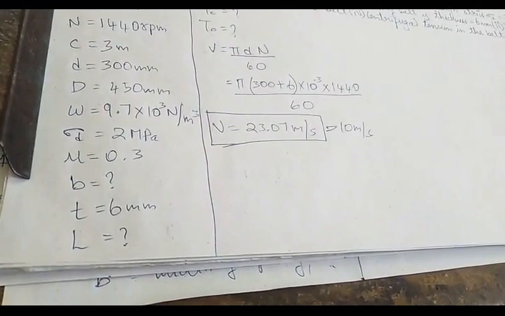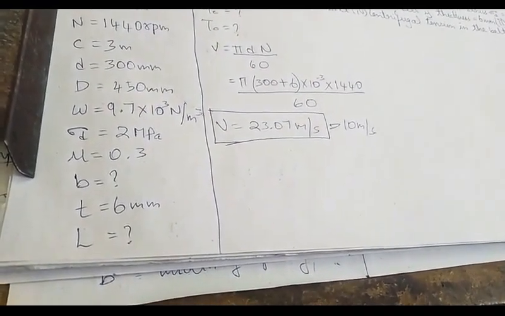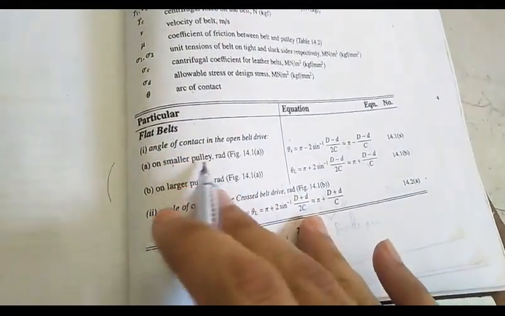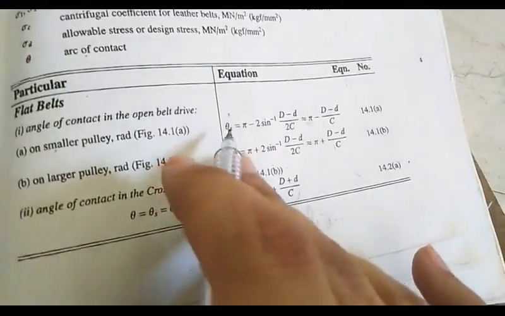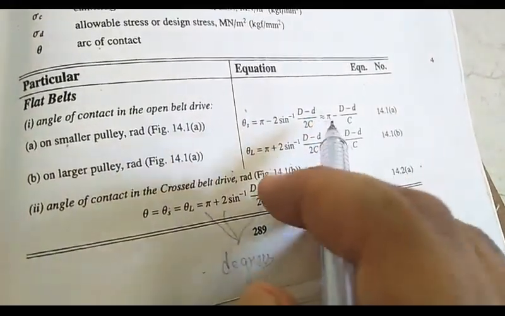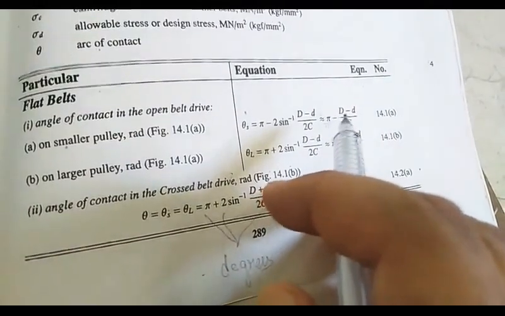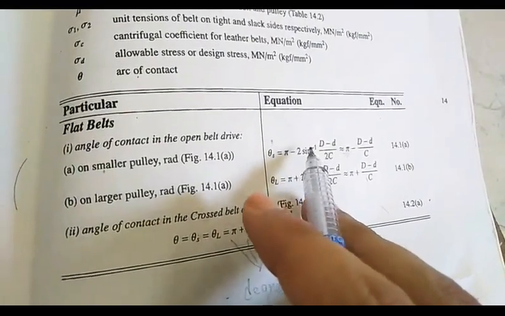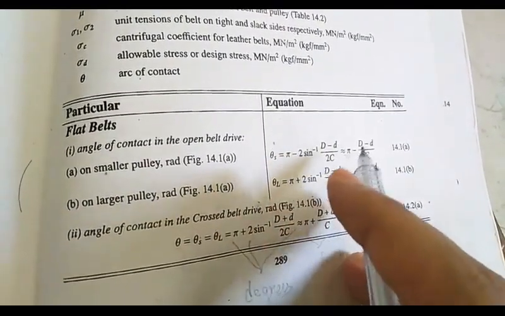Next we shall go for the power. So before proceeding with the power, we need to find the theta angle. So we'll take the formula from page number 289. They have given the formula here. So on smaller pulley, the angle theta s is equal to, we shall take this pi minus d by c. So this is formula for radians and this is for degrees. We need for radians, we shall take this formula itself.